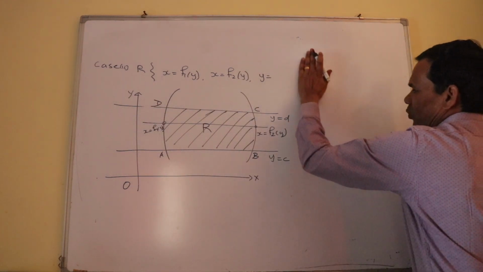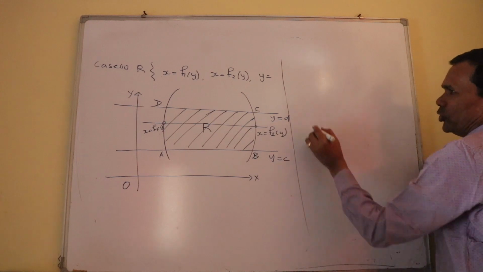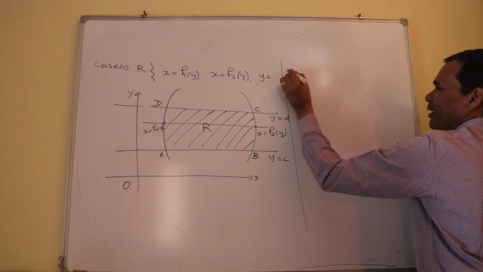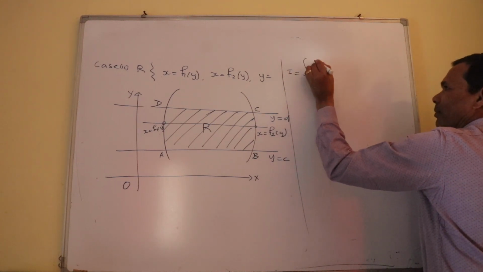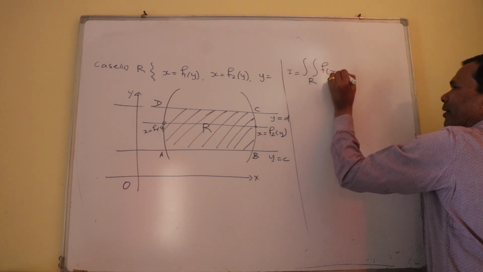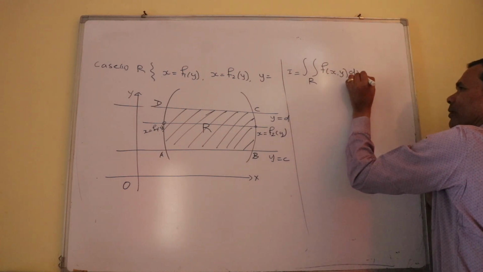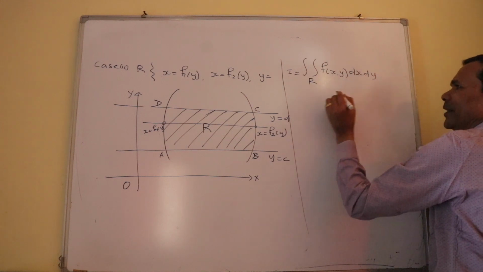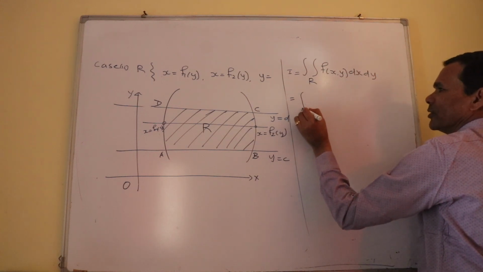Now to integrate this, the procedure to evaluate this type of integral: the basic form of double integration is double integral over R of f of x y dx dy.